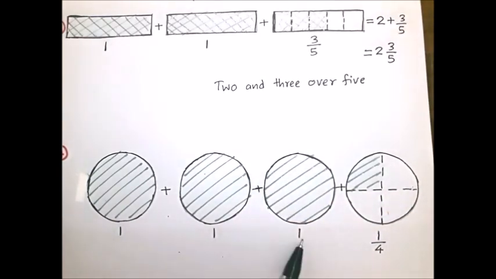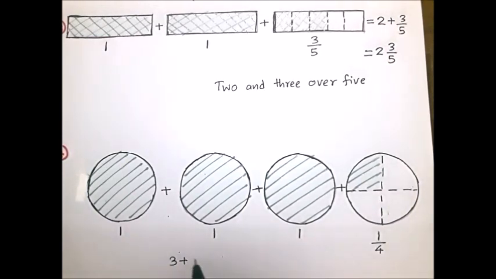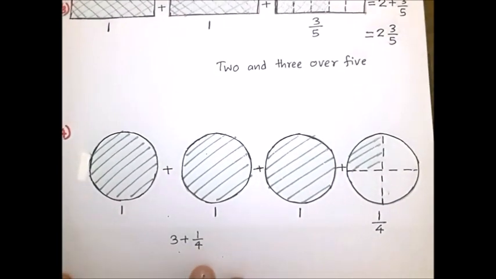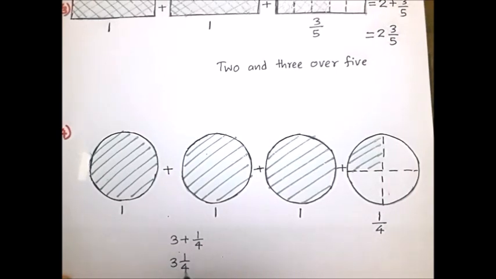1 plus 1 plus 1, it is 3. Then 3 plus 1/4. 3 is whole number and 1/4 is fraction. You can write this as a mixed number 3 and 1/4.